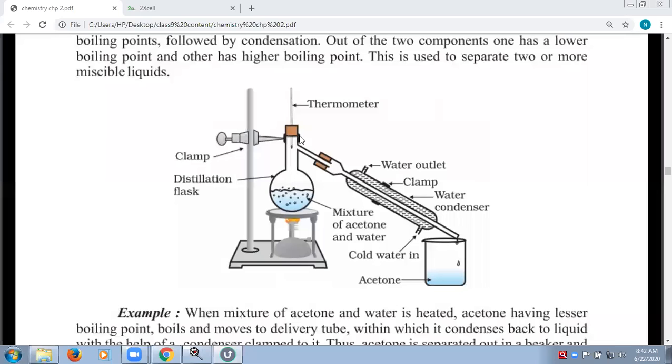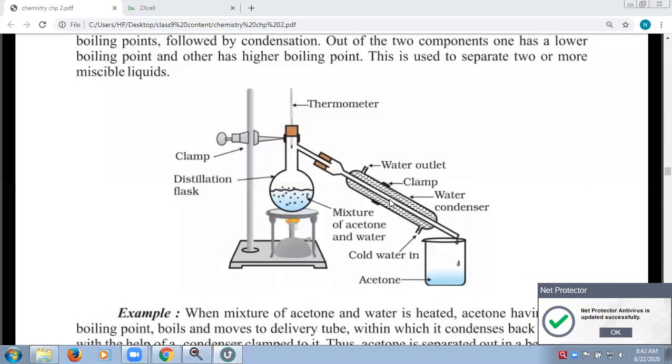Now with this distillation flask, there is an attachment known as the condenser.